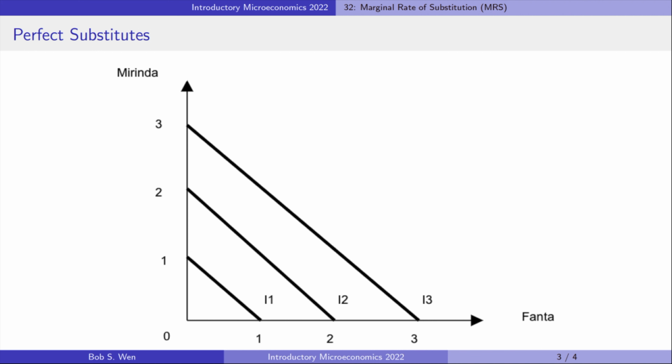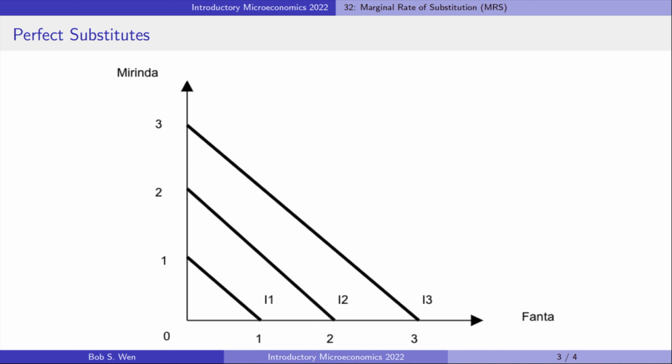For me, Coke's Fanta and Pepsi's Mirinda are perfect substitutes. I am indifferent between having 1 additional can of Fanta and 1 additional can of Mirinda. The indifference curves for them are straight parallel lines with a slope of -1 everywhere along the curves.